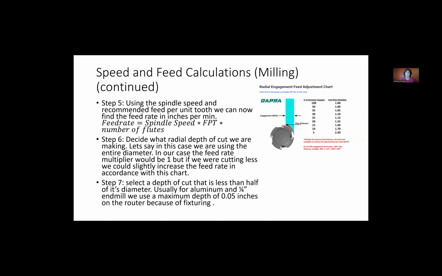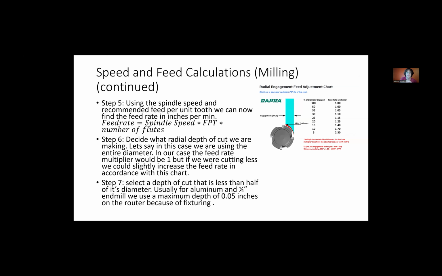Now, it might be the case that you are only engaging a portion of the tool's diameter or radius at a time. If I'm using the full diameter, that's when I want to keep to the feed rate that I calculated with the equation in step 5.